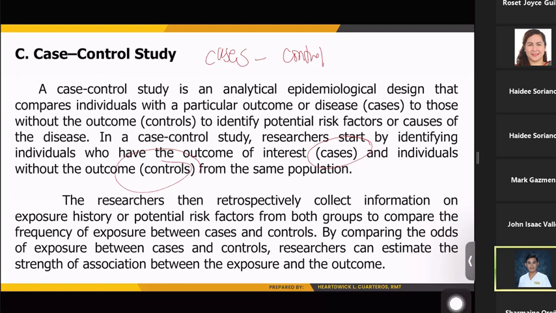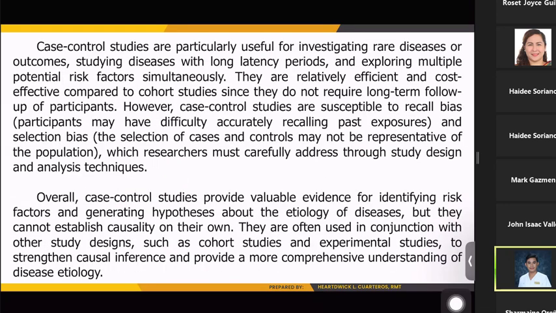So the researchers then now retrospectively collect information on exposure history of potential factors from both groups to compare frequency of exposure between cases and controls. Okay? By comparing the odds of exposure between cases and controls, researchers now estimate the strength of association between exposure and outcome.